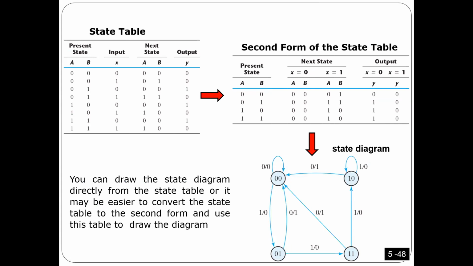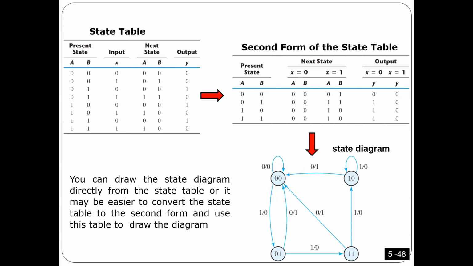What I want to tell you in this slide, guys, is that what I did right now is, number 1, given a circuit, you should be able to calculate a state table. Given a state table, you should be able to draw the state diagram. Is that okay? However, the textbook tells you it may be easier.